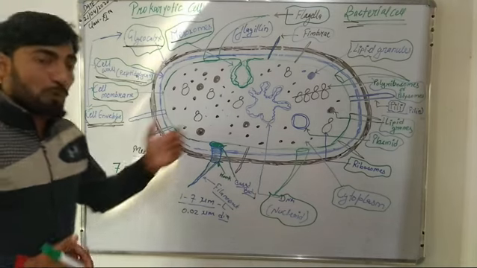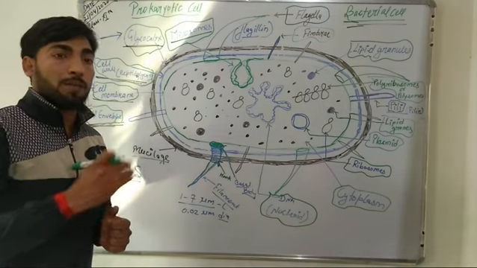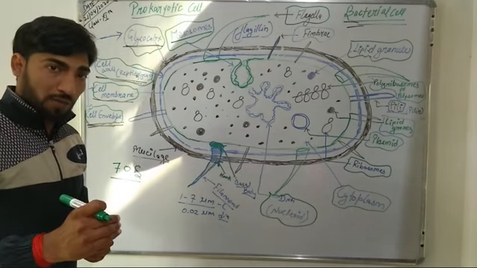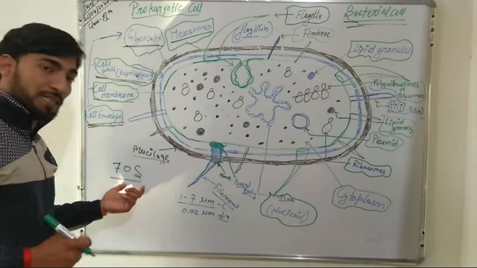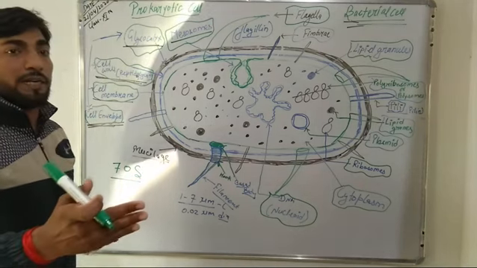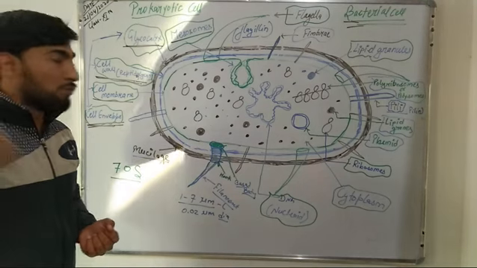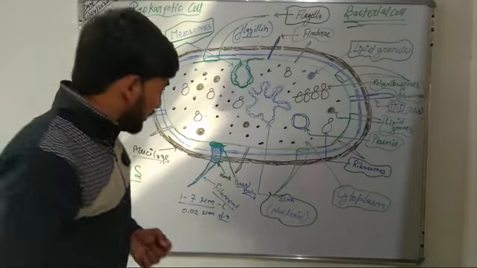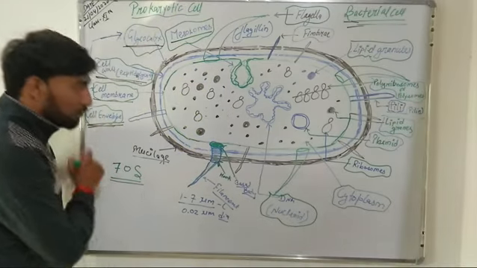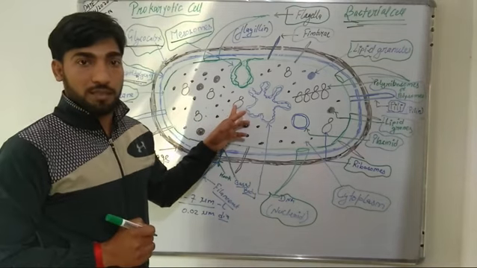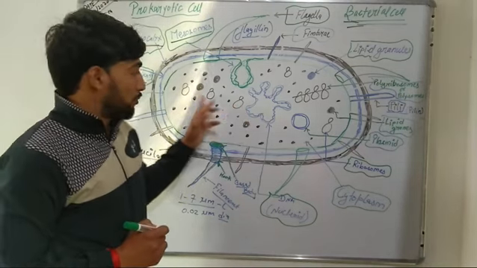So prokaryotic cells have 70S ribosomes, whereas eukaryotic cells have 80S ribosomes. The 70S ribosomes have lesser density in comparison to the 80S ribosomes. Further, these ribosomes in prokaryotic cells help in protein synthesis.